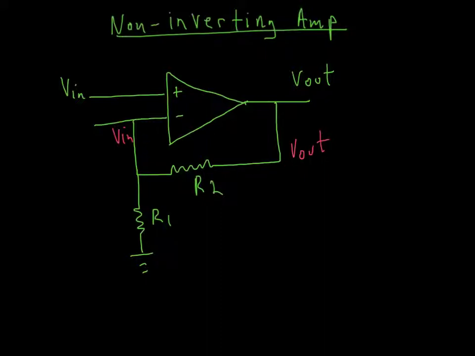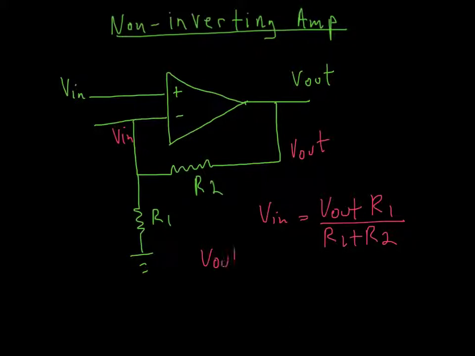So if it's flipped, we have Vin is equal to V out times R1 over R1 plus R2. Okay, and remember our gain is just V out over Vin.